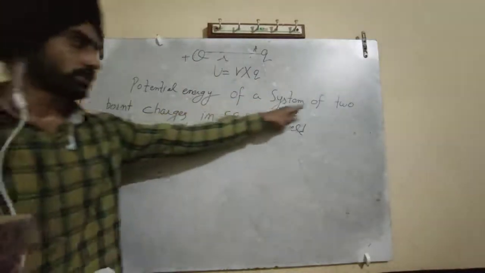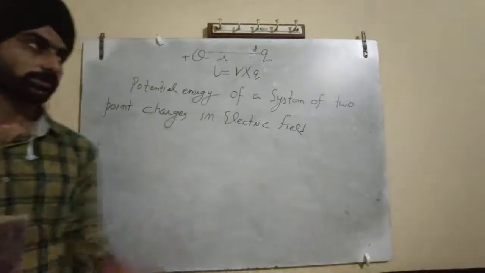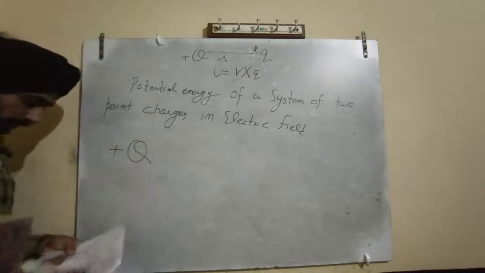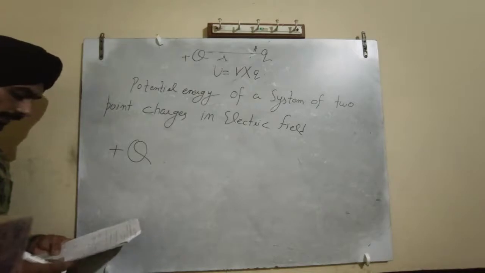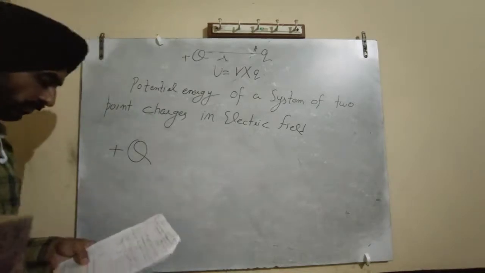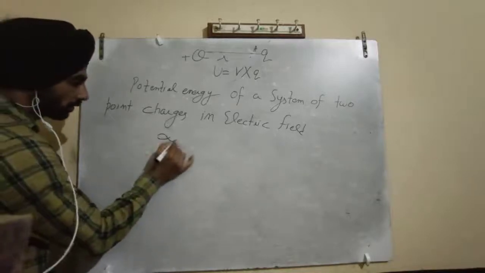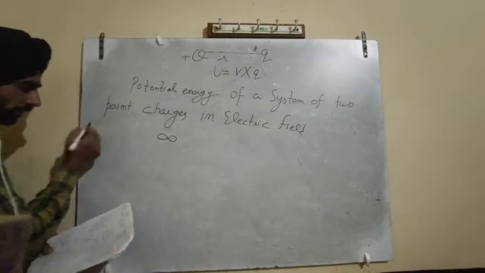Now our system consists of 2-point charges. There will be a source charge plus there will be two charges there. So there will be a source charge plus Q. Okay, like this. Suppose there is electric field.